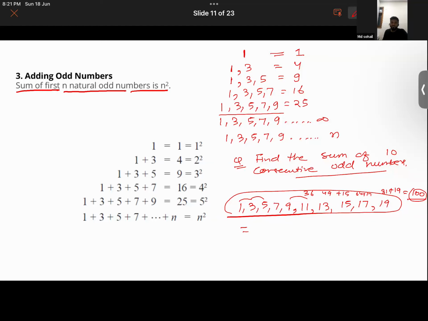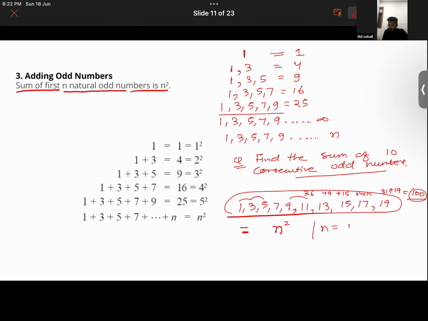But we don't have so much luxury in the exam. We don't have the luxury of time in the exam. The time is limited there. So we have the formula that you can simply use: n square here. So what is the n here?